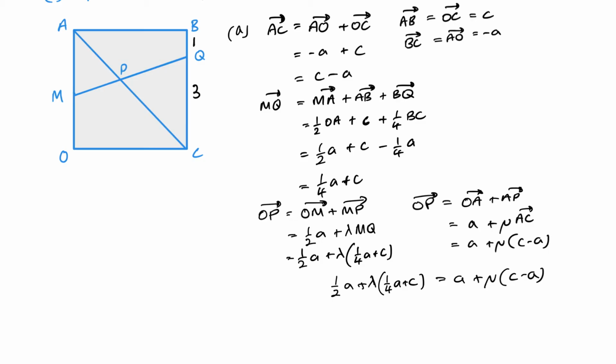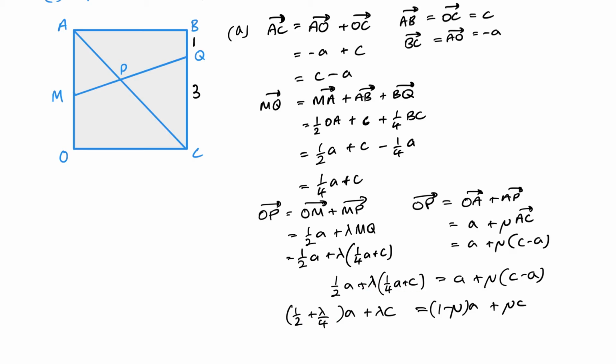So we've got, in terms of A, half A, and we've got lambda over 4, a quarter lambda A, plus lambda C. And then on this side, if we look at the A, we've got 1 minus mu, plus mu C. So if I expand this bracket, I get mu minus mu A and a single A, which is factorized, and I get mu C. And the same with this one, expand the bracket and then factorize.